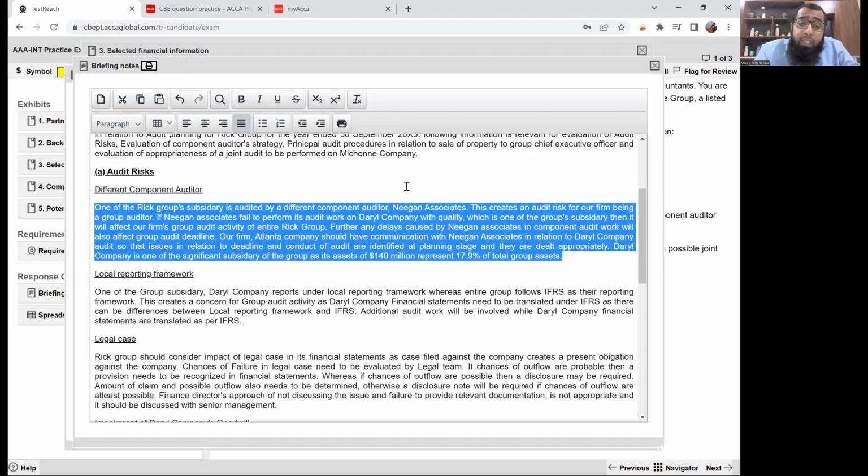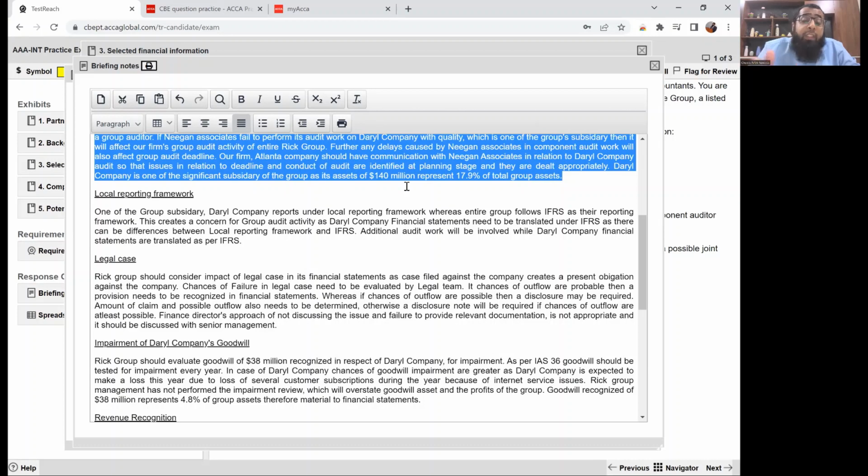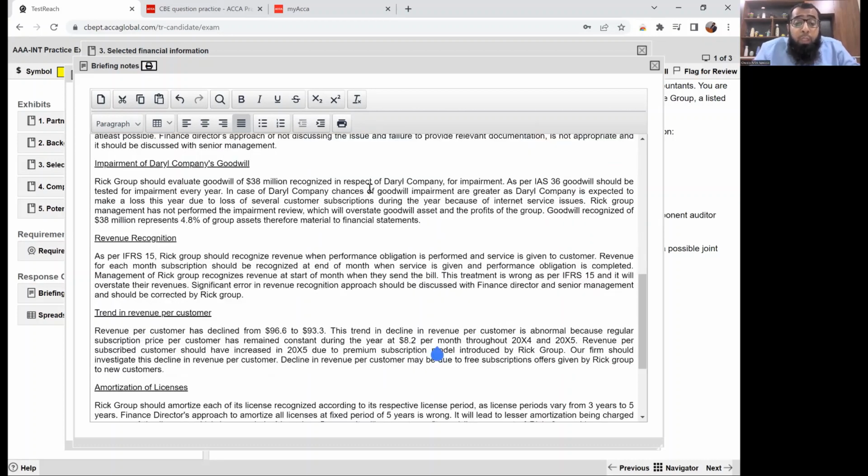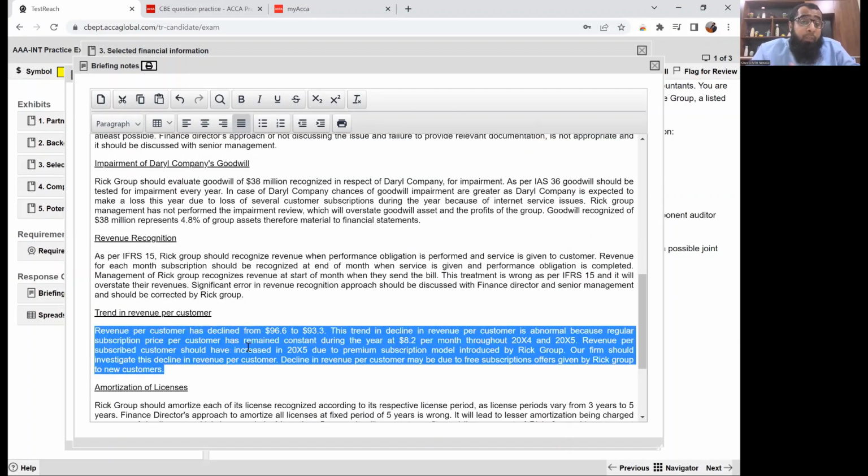So 17 marks. Then we use some calculations in the trend, because for each materiality, you get 1 mark. For each of the calculations, like per customer revenue, trend, you will get 0.5 marks for each calculation. So almost we are done with 17 to 18 marks.